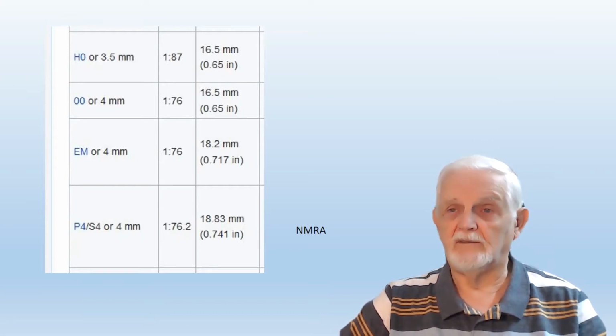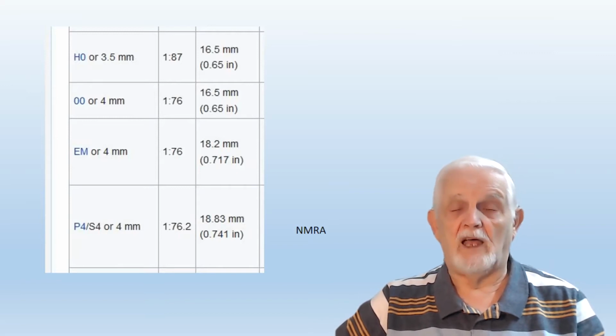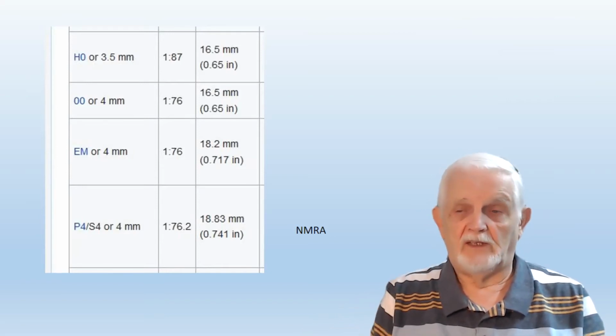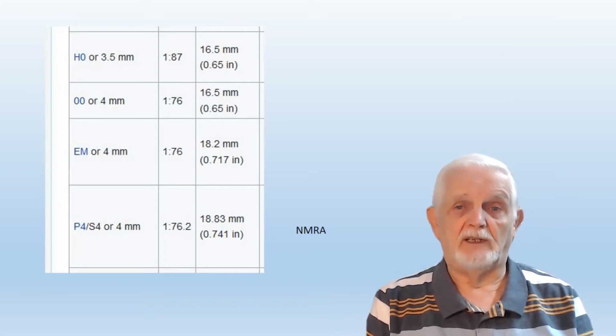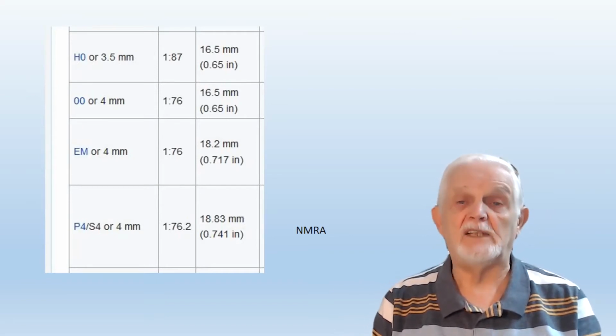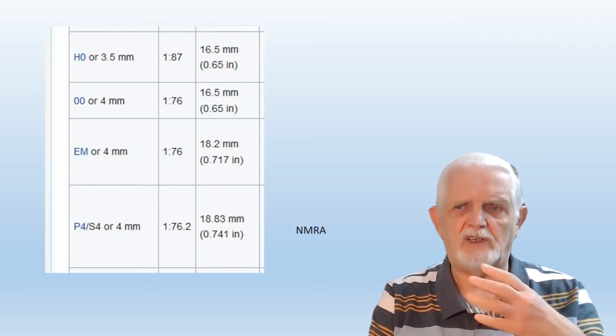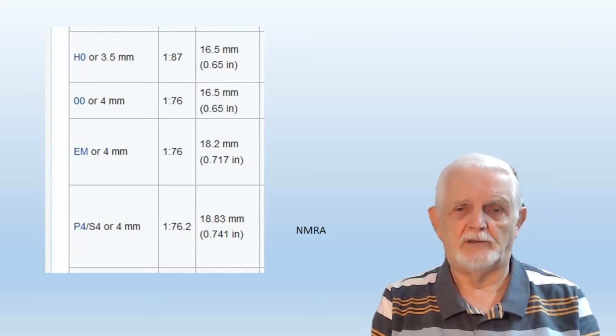Lots of the American hardware to do this works on 176.2 rather than 176. And the other reason is the mathematical method that's used to do the calculation, because of rounding errors and so on.